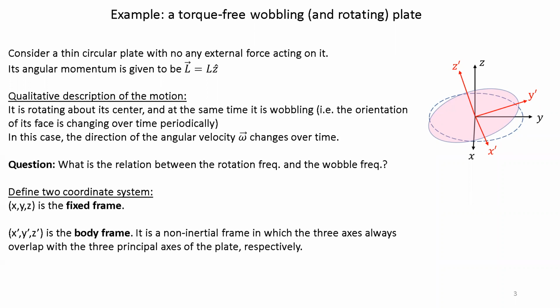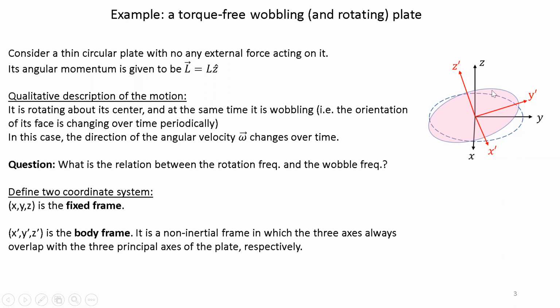Recall what we learned in the previous chapter about rotating frames. This body frame is a rotating frame. However, in some sense it is even more complicated. In the previous chapter, the omega vector that we considered was always pointing in a fixed direction with fixed magnitude. But here, as I told you already, the omega vector is changing with respect to time.